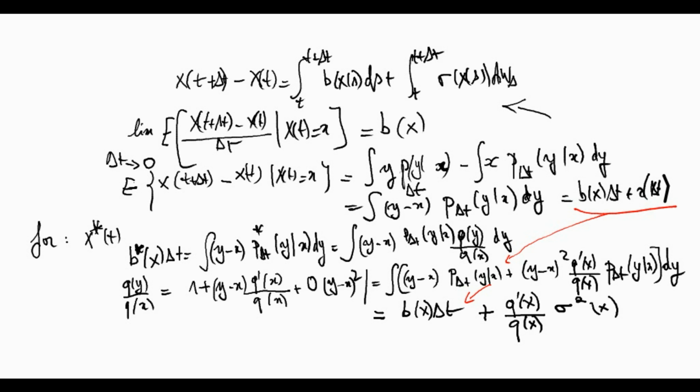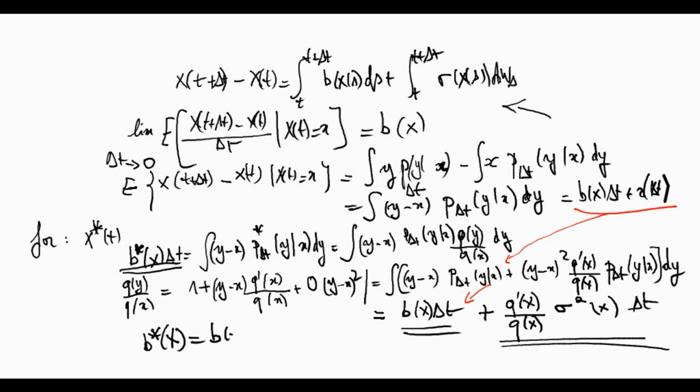So we have found here that b star delta t is equal to b of x delta t, and so here we have forgotten to write multiplied by delta t. So it is equal to the sum of the two terms. So finally we get b star of x equals b of x plus q prime of x divided by q of x sigma of x.